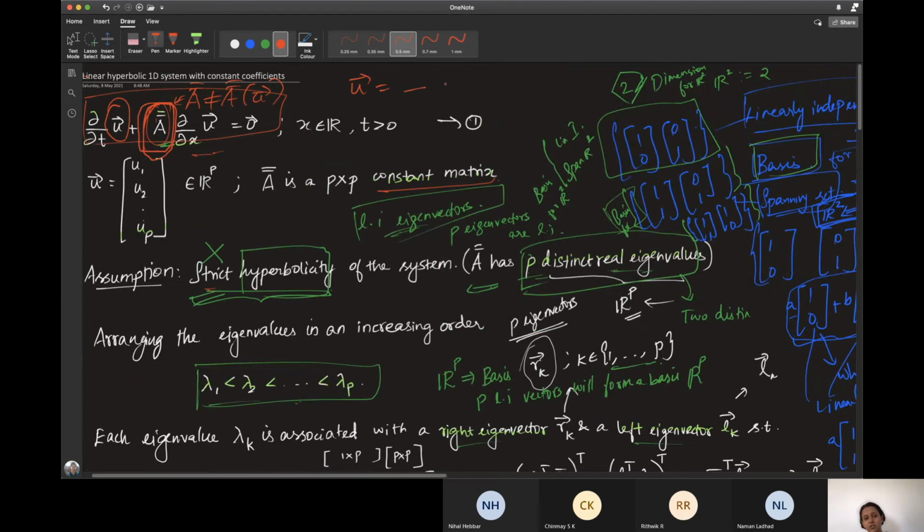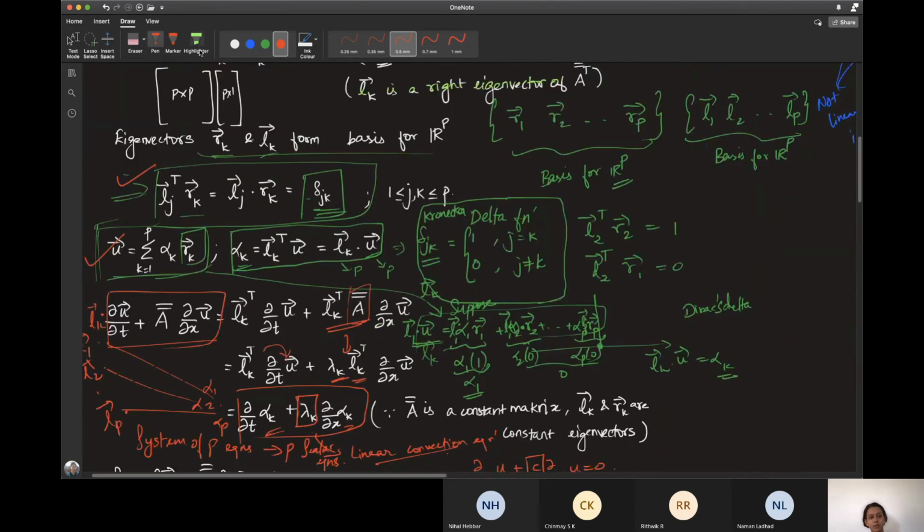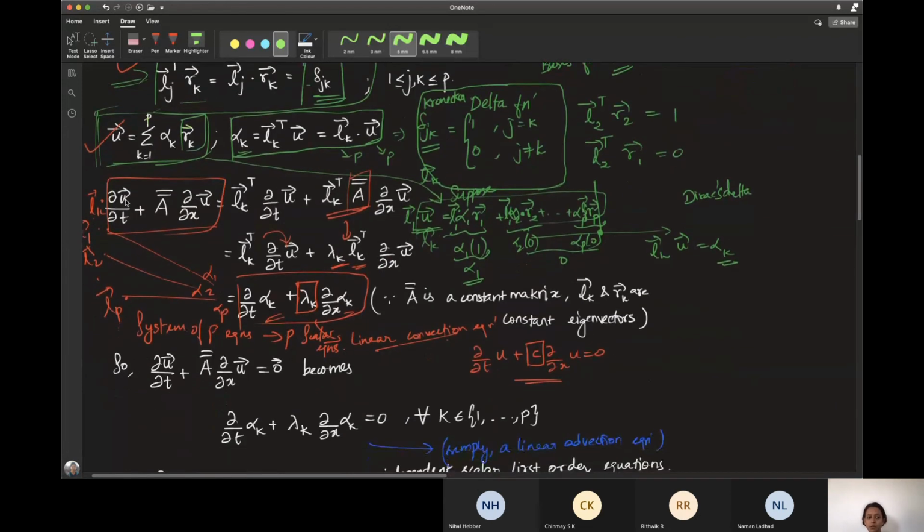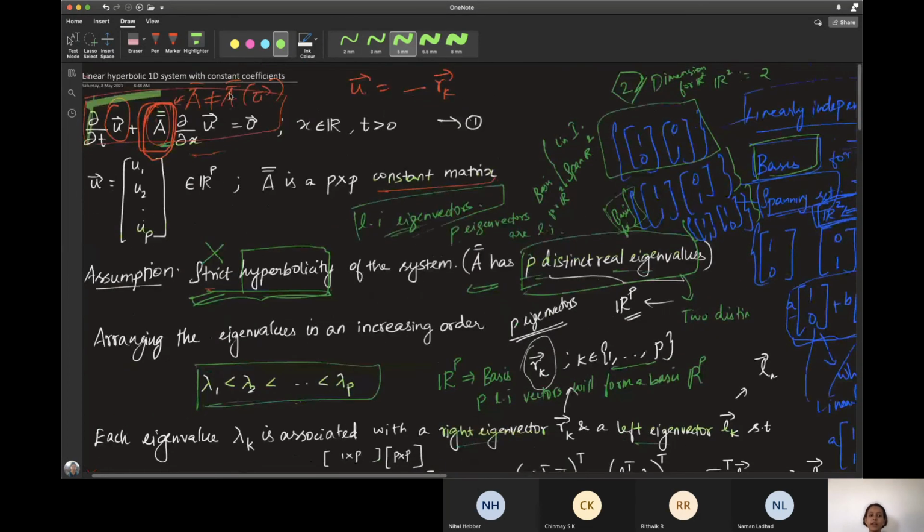Because of this, you're able to decompose the whole system of equations into p scalar equations. This is a system of p equations, and now that system has been split up into p independent scalar equations.